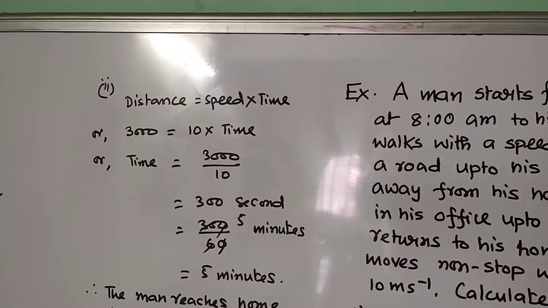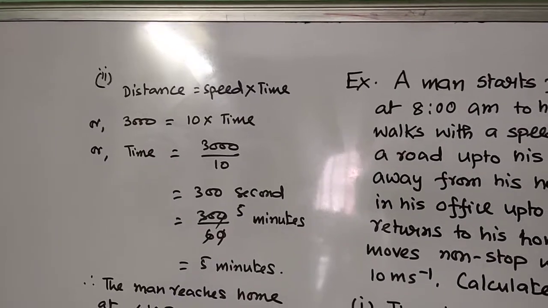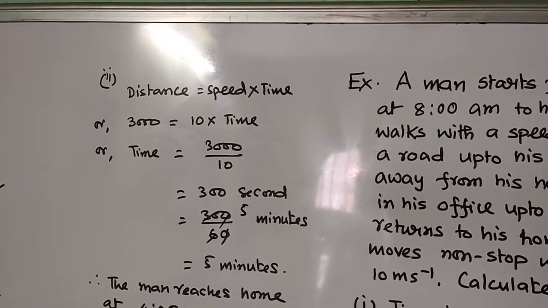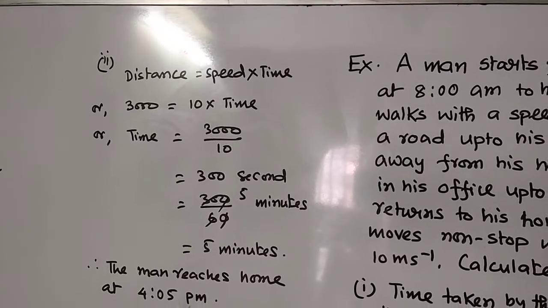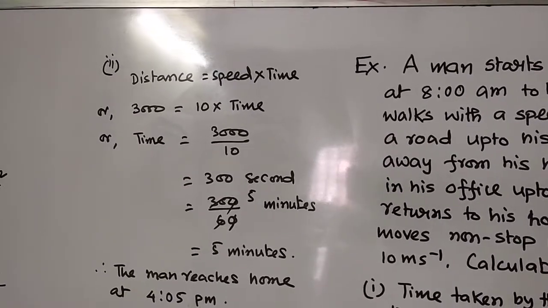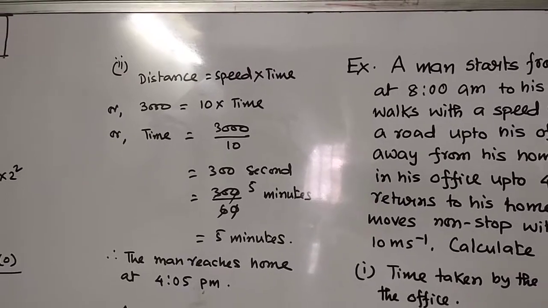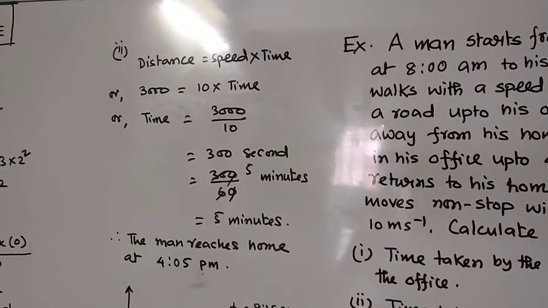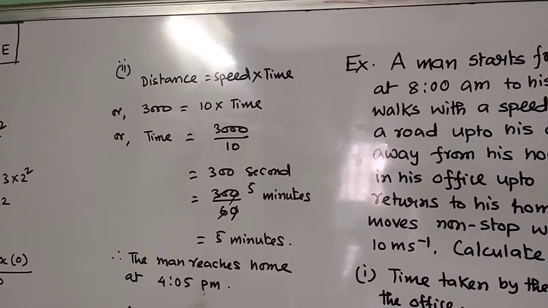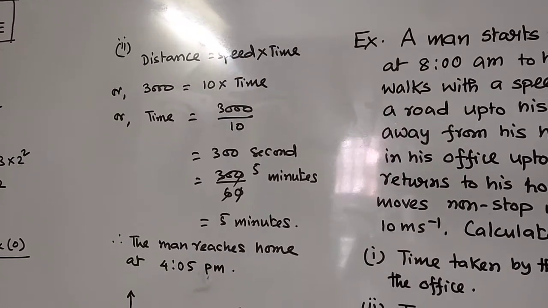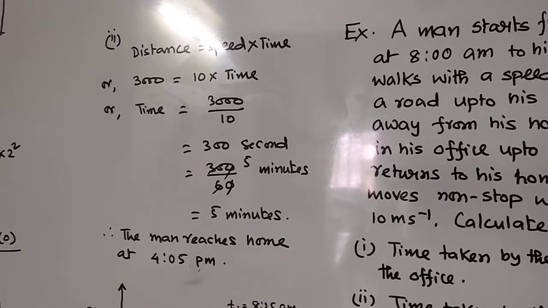So time comes out to 3000 by 10, that is 300 seconds. Now 300 divided by 60 gives you 5 minutes. So the man takes 5 minutes to reach his home from his office if the bus moves at a constant speed of 10 meters per second. So the man reaches home at 4:05 p.m.